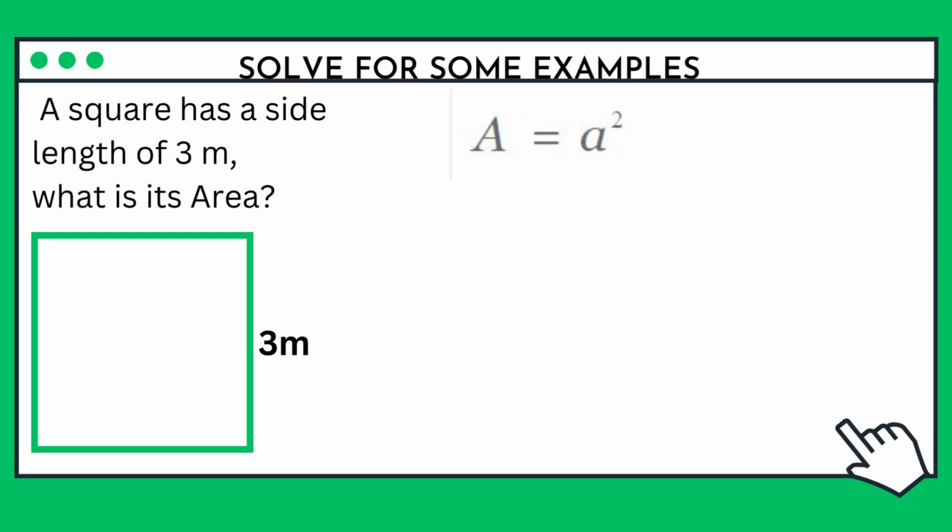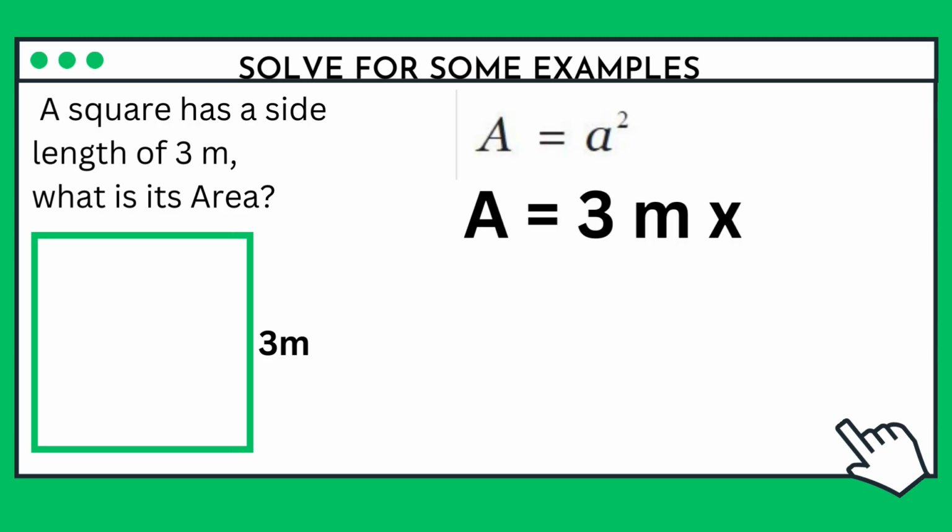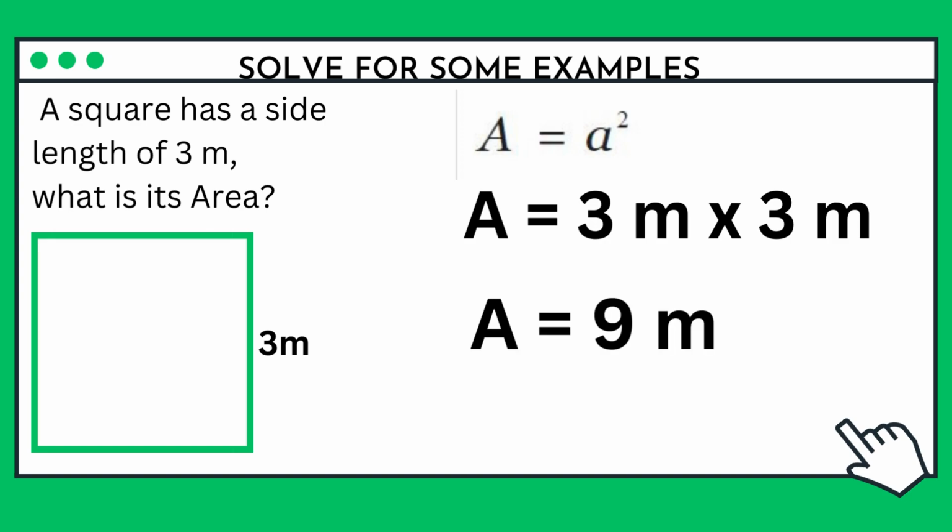Ang value ng a natin is 3 m. So, using the A equals a squared formula, A is equal to 3 m times 3 m. That would be 9 square meters.